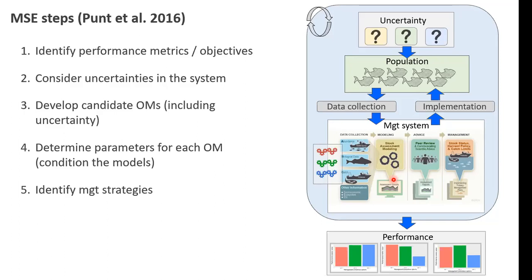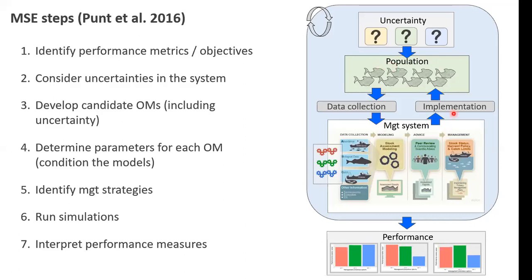Then identify the management strategies or management procedures that you want to test, and then run the simulations and interpret the performance measures. I put together this schematic here based on some of the smaller pieces I had earlier on, so I thought I would go through that yet again. We have our population here, and we have different types of uncertainty that we're including.